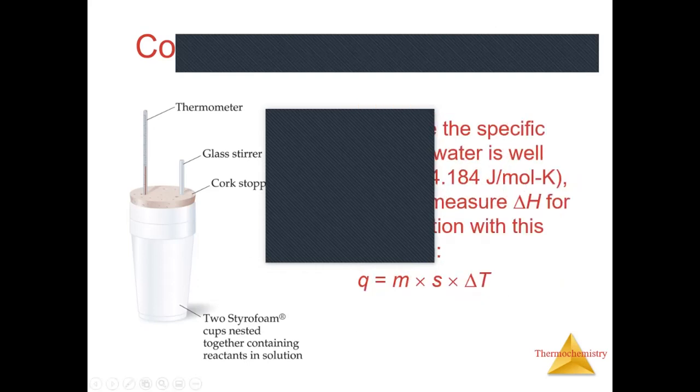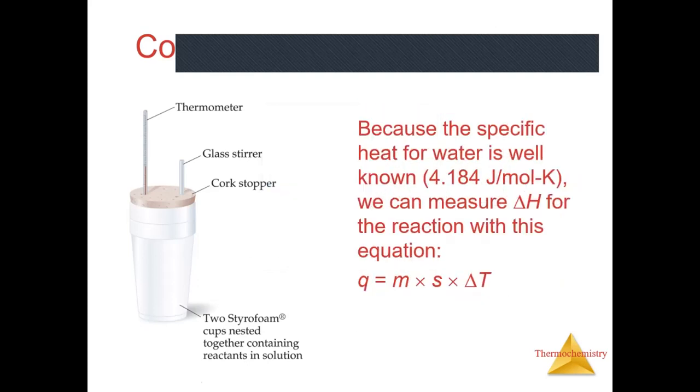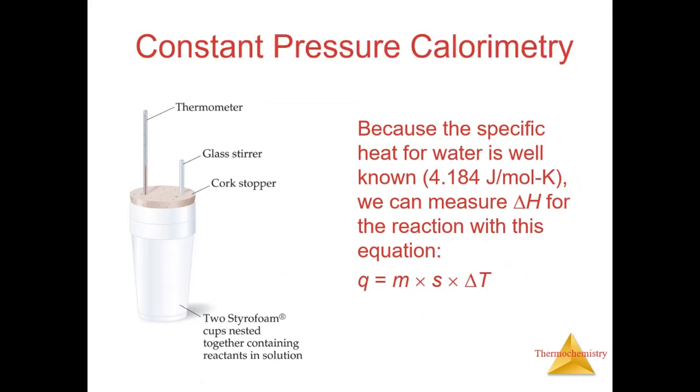So our Q, our heat, is equal to the mass of the substance times the specific heat times the change in temperature. Water's specific heat is well known and it's quite constant.